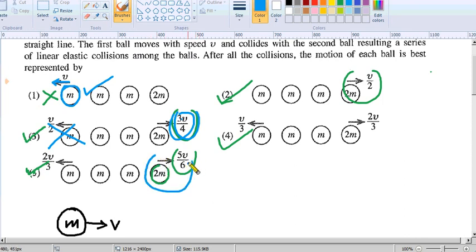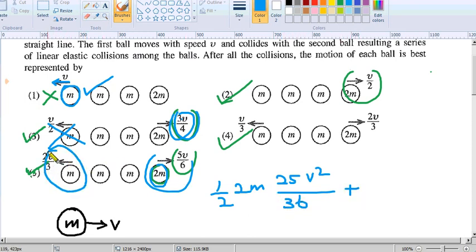So let's first write this one. Half mass is 2m, then v squared, 5 times 5 is 25, v squared, 6 times 6 is 36, plus this value, plus not minus, half m, 4 v squared divided by 3 times 3 is 9.